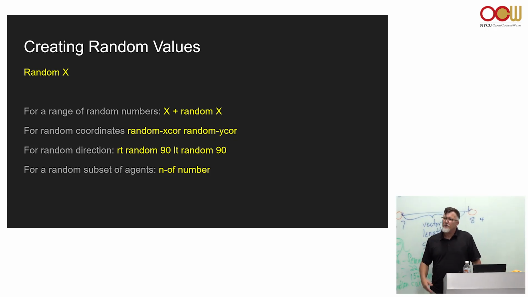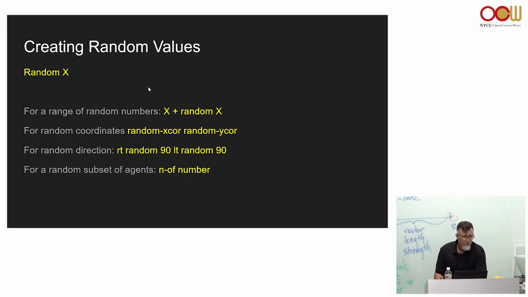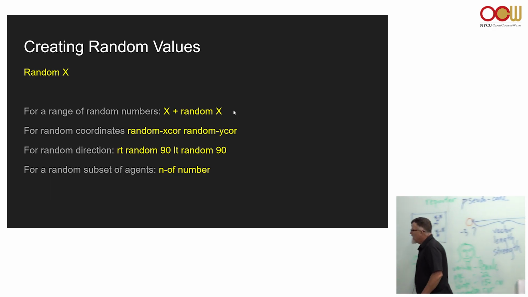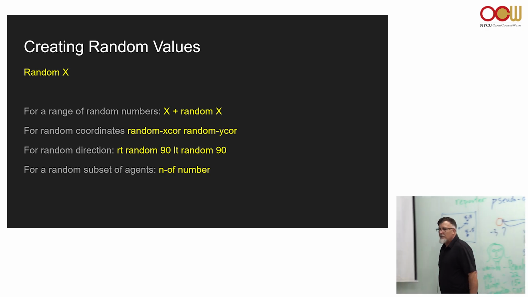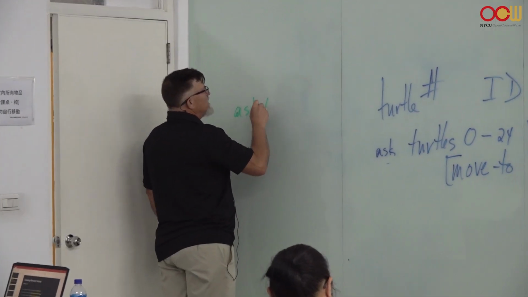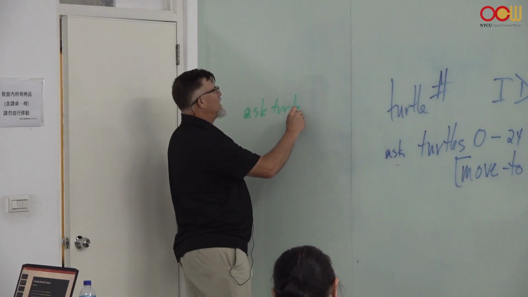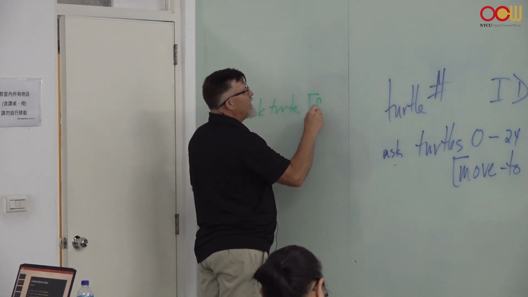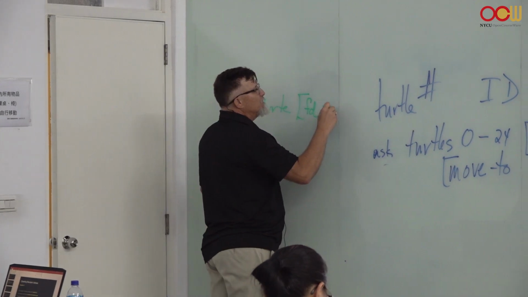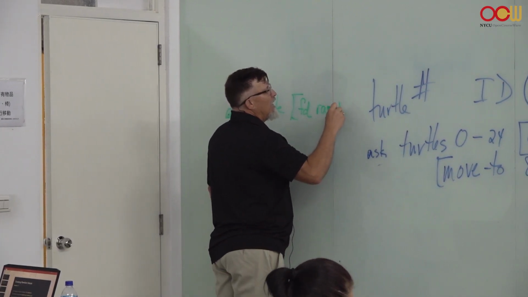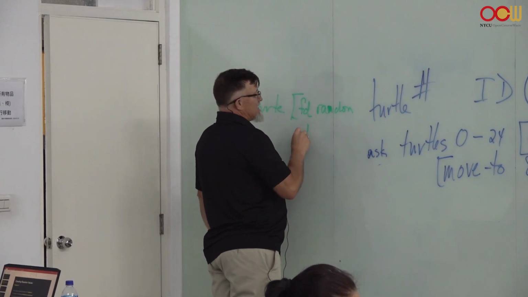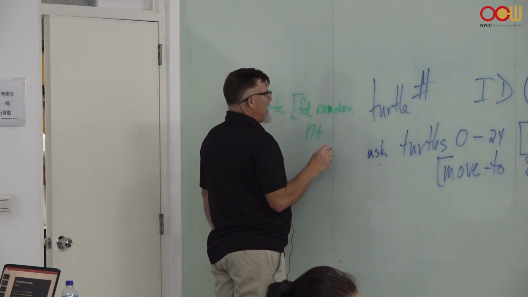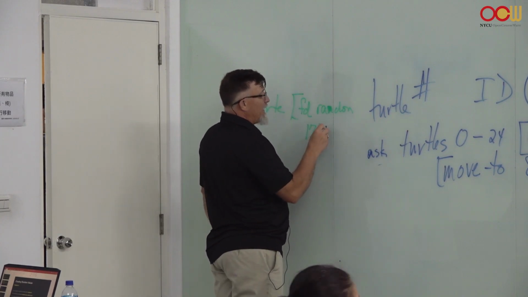There are different ways of including randomness. For example, if you want a range of random numbers, like a random number between 12 and 25, ask Turtle: forward random 17 plus up to 25, so I'm going to put plus 8.